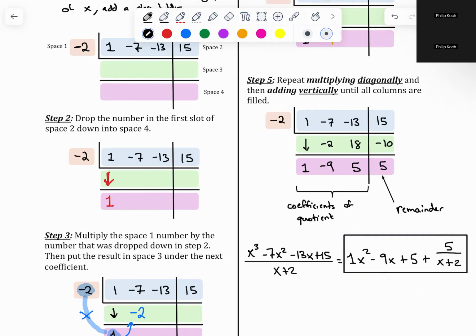I wrote the 1 in front of the x squared to show where it's coming from, but normally you just write x squared.